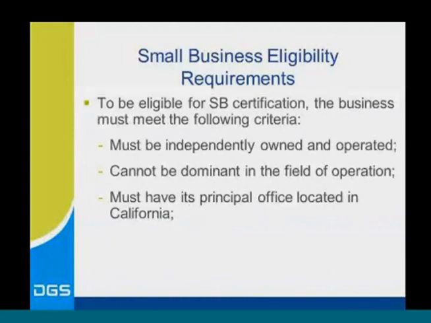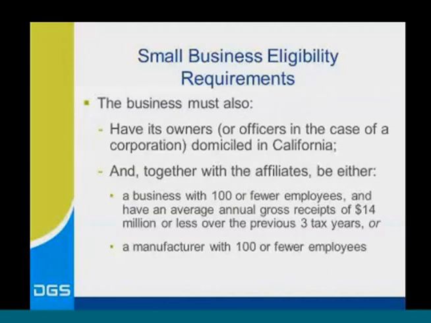The requirements for small business are very simple. First, you must be independently owned and operated. You can't be dominant in your field of operation. You must have your principal office here in California. And the business must also have its owners or officers, in the case of a corporation, domiciled in California.